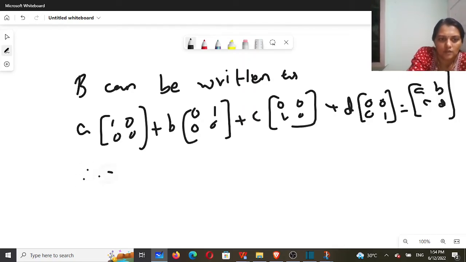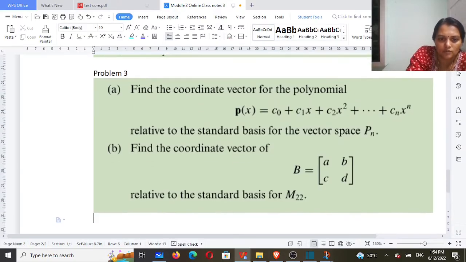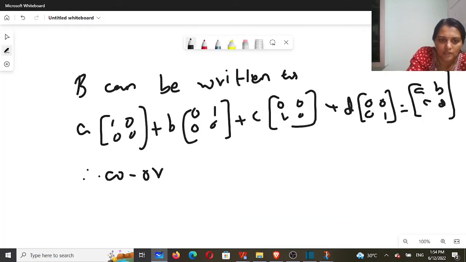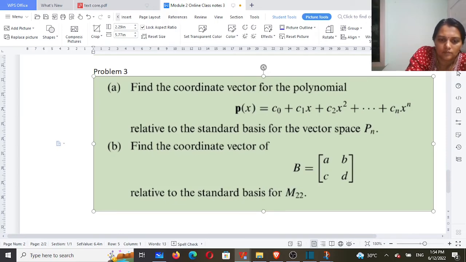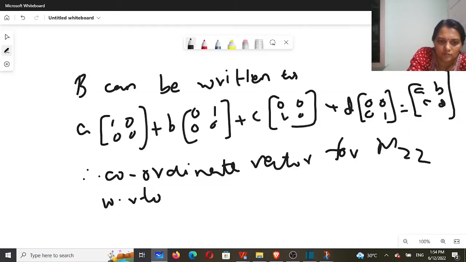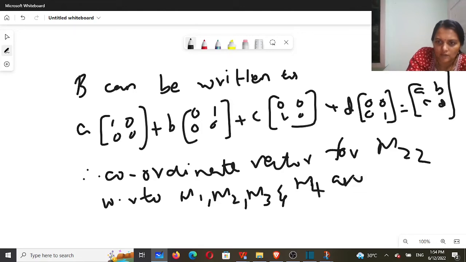Therefore, the coordinate vector for M22 with respect to M1, M2, M3, M4 is A, B, C, D.